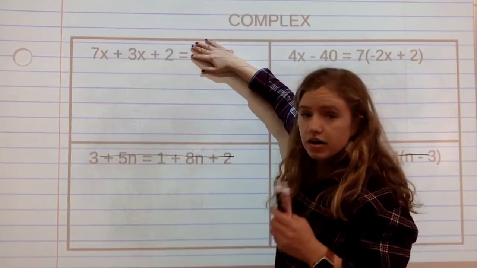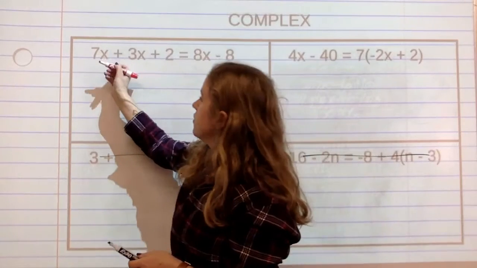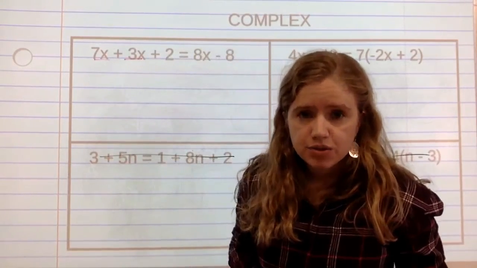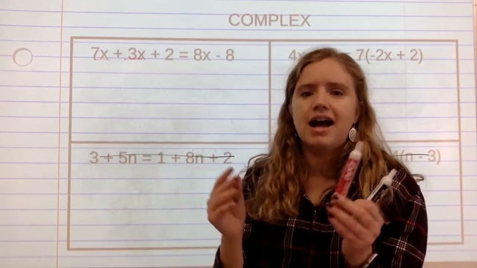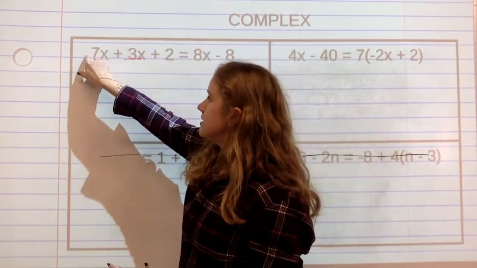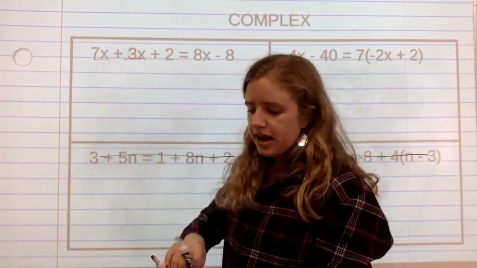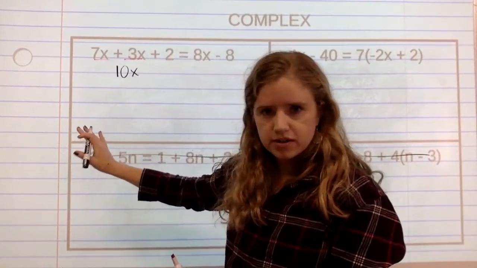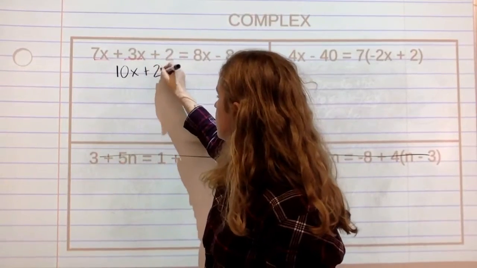Our like terms are 7x and 3x. Now, because I'm not moving them to the other side of the equal sign, I don't use inverse operations. I just combine them. So we have positive 7x, positive 3x. We end up getting 10x. Perfect. And then I copy everything else down.